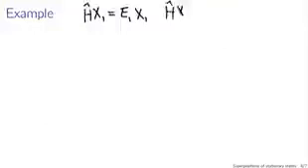One example I would like to do here, and this is just an example of the sorts of analysis you can do given superpositions of stationary states, is to consider the energy. Suppose I have two solutions to the time-independent Schrodinger equation, which I'm just going to write as H hat x1 equals E1 x1, and H hat x2 equals E2 x2.